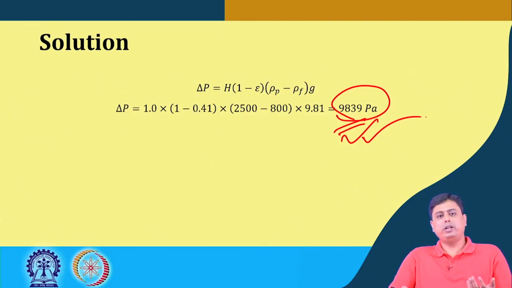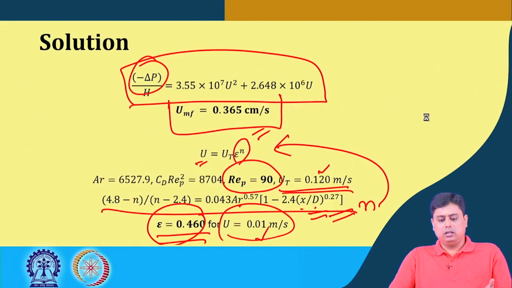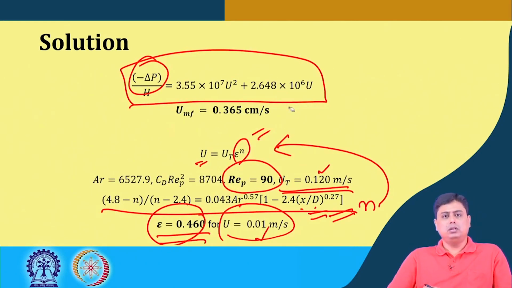In the first problem, what we did, we equated the apparent weight with the pressure drop to find out the value of this U minimum fluidization, and we checked whether the current operating velocity is over the minimum fluidization velocity or not.